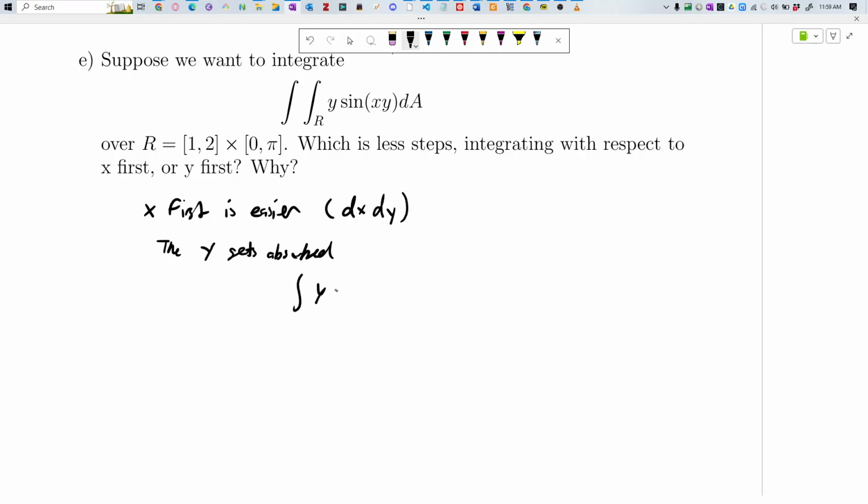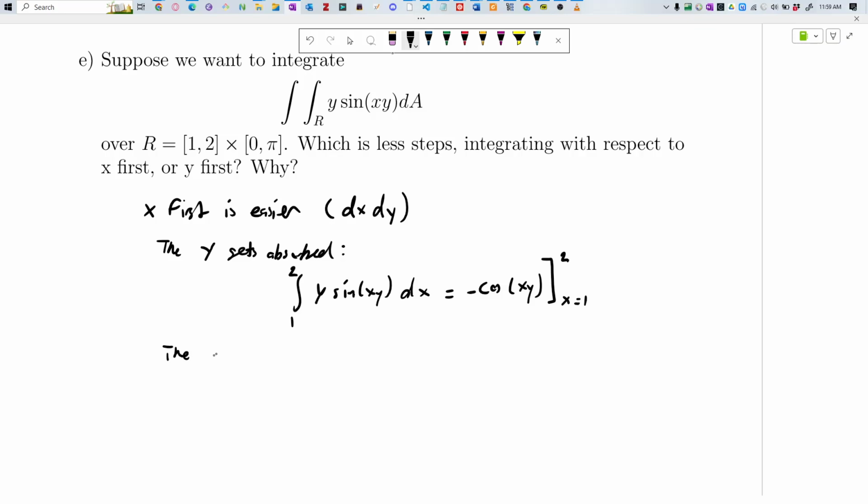In particular, the integral of this dx is simply going to be minus cosine of xy, evaluated. I'm just going to abbreviate this. So x going from 1 to 2, means that we start off with x equals 1 and then go to 2. So that inner integral is easy to compute, and then this evaluation is easy.